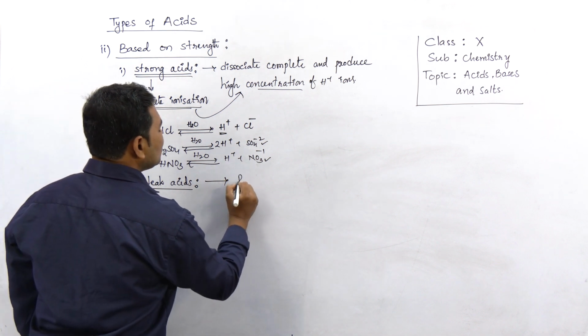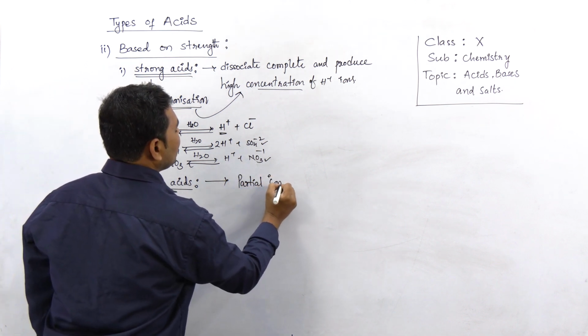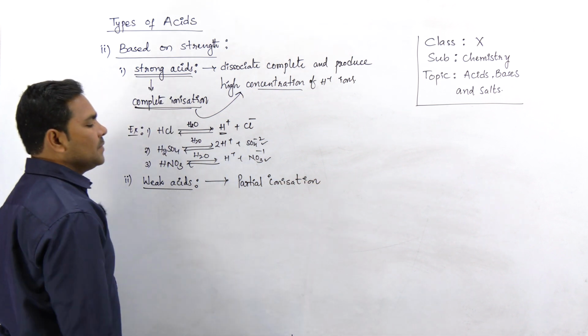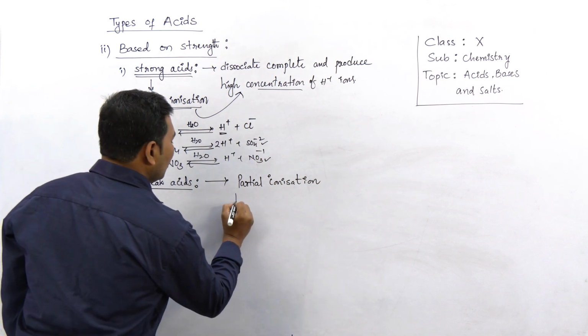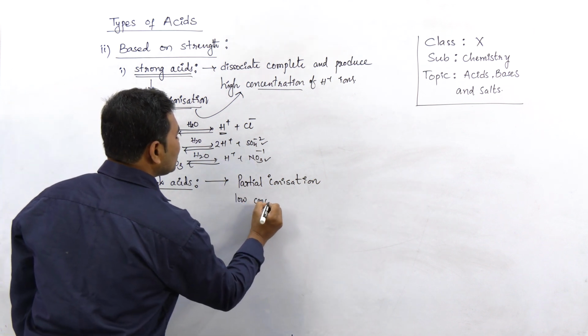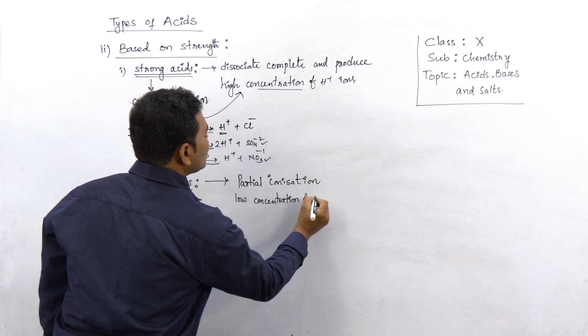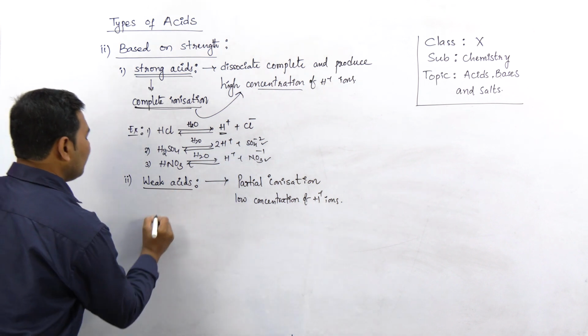They undergo partial ionization, which means they do not completely ionize. As a result of this partial ionization, a low concentration of H+ ions is produced, and these are called weak acids.